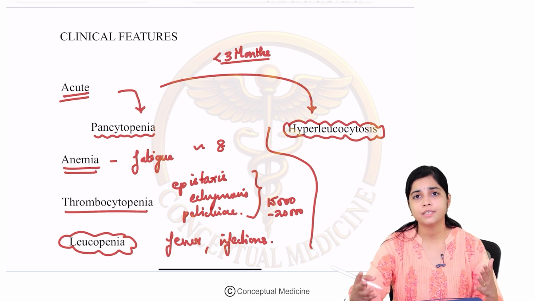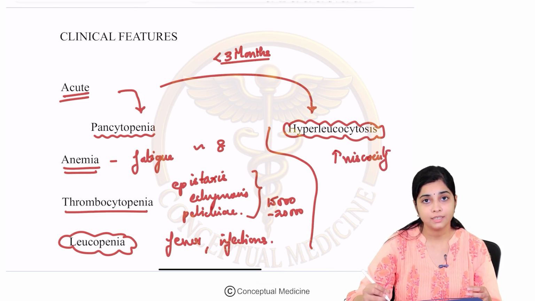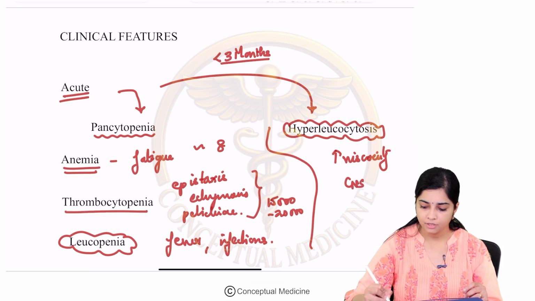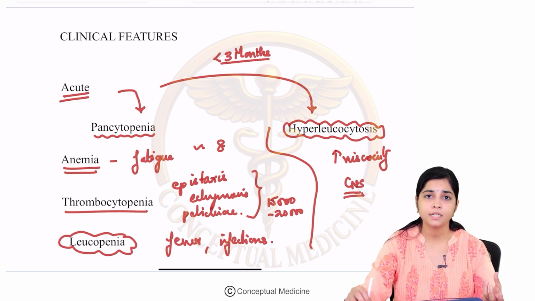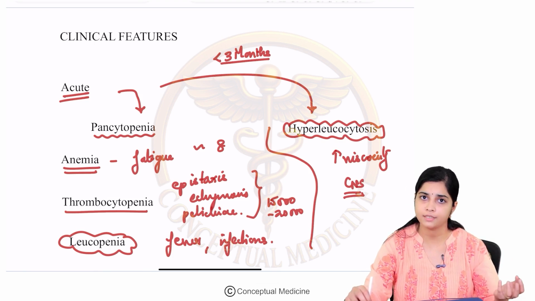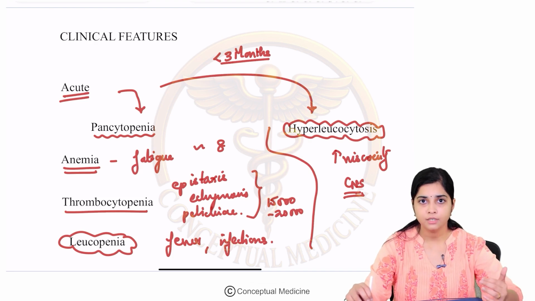Whenever there is hyperleukocytosis, it can result in increased viscosity, and because of this they can have slowing of the blood. You can have predominant CNS manifestations in the form of confusion. You can have pulmonary involvement, which can cause blockage of the pulmonary arteries resulting in breathlessness and so on. Okay. So this is a little rarer presentation of AML.